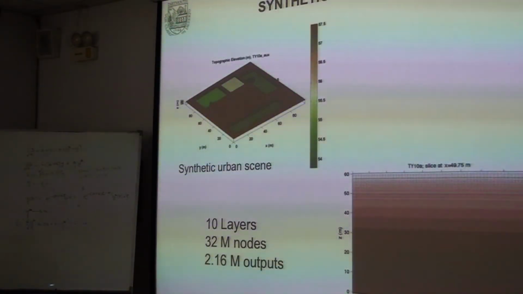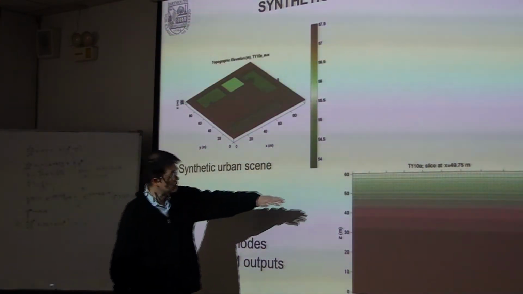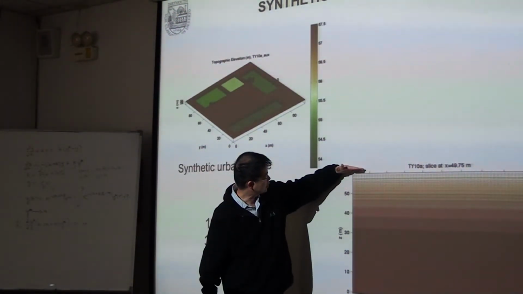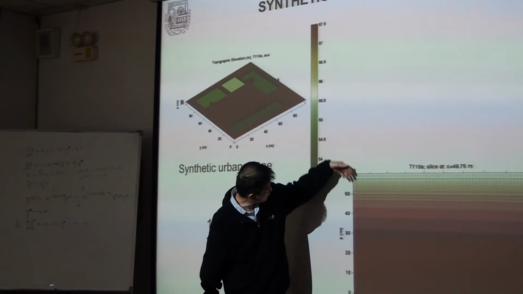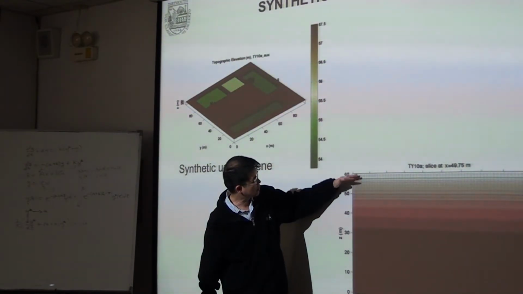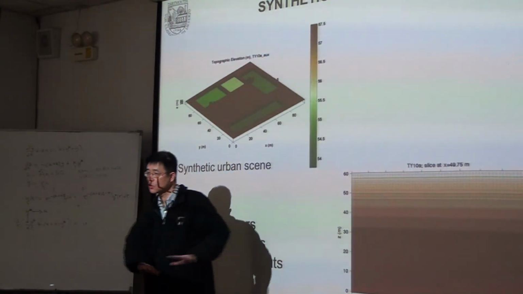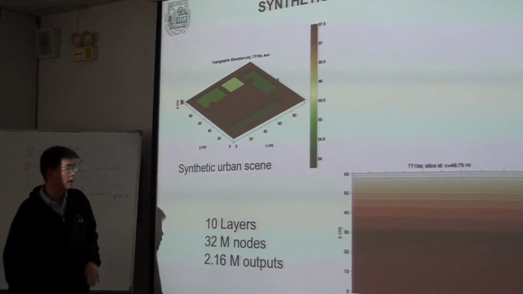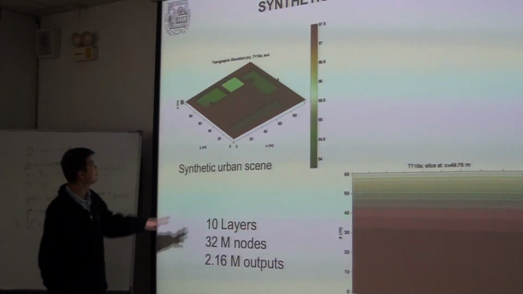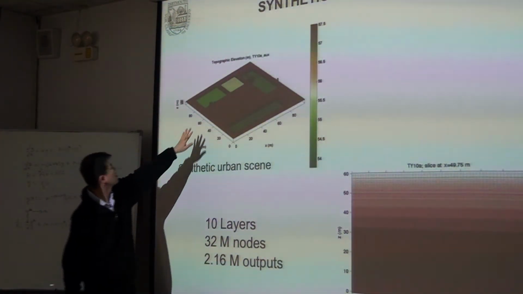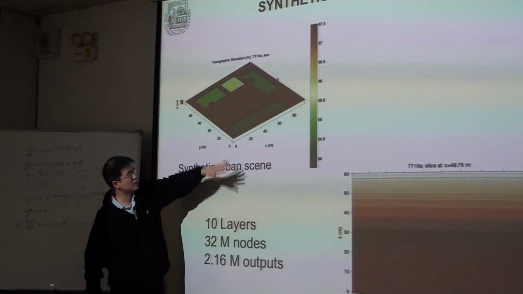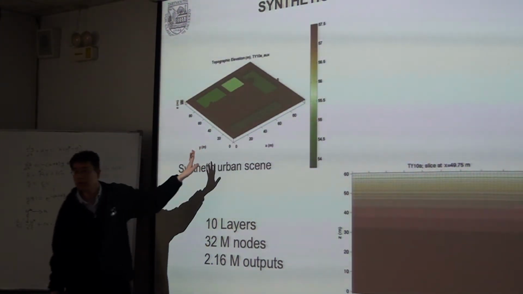This is an example of a model. So this is the earth and underground here, and there are different layers representing different levels of soil and rocks, and these are basements of buildings.